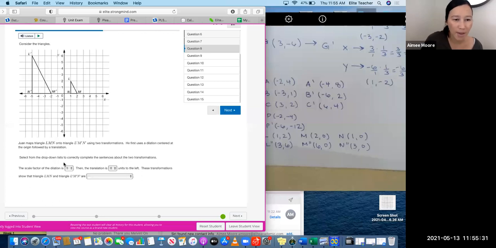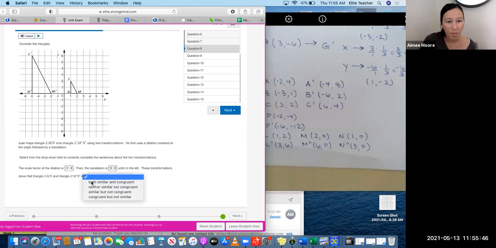Any questions about those first two? Okay, and then these transformations show that triangle LMN and triangle L prime, M prime, N prime are both similar and congruent, neither similar nor congruent, similar but not congruent, or congruent but not similar.